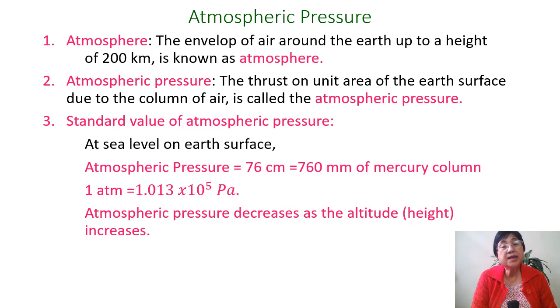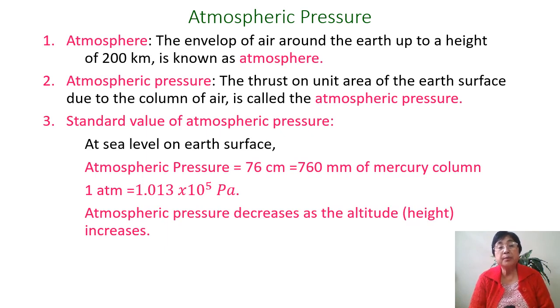So the thrust on unit area of the Earth's surface due to the column of air is called the atmospheric pressure. Atmospheric pressure at sea level is equal to 76 centimeter of mercury.